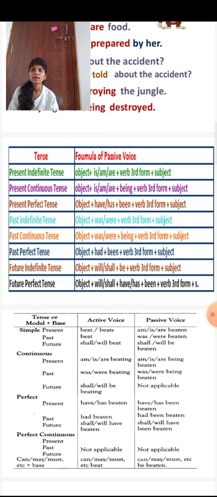Now, what is an active voice example? This is a question frequently asked by people. When an action is done by a subject, the verb of that sentence is in the active voice.